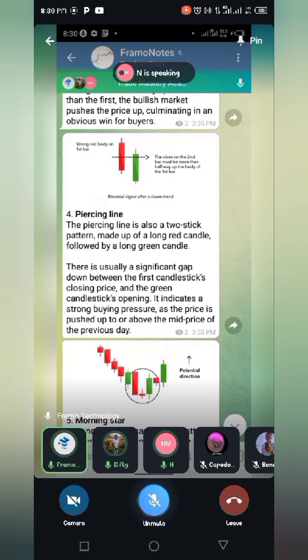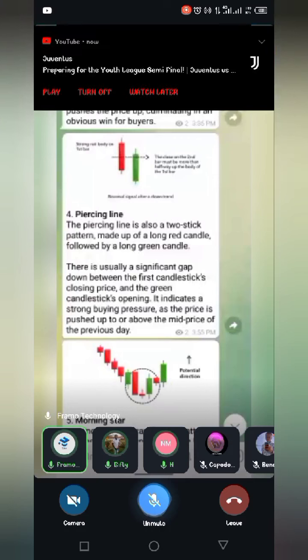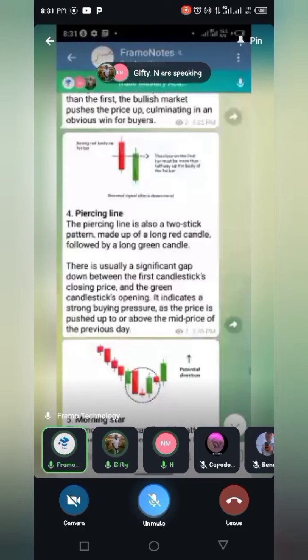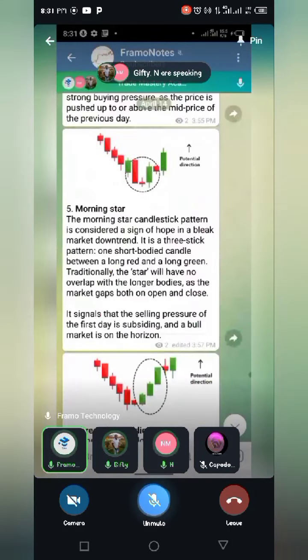So always wait for the candle or the pattern to complete. If it doesn't complete and you enter, you might run into loss. So always wait for the candle to complete and let it break out before you come in.